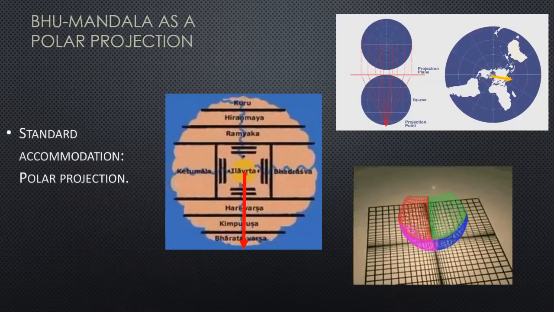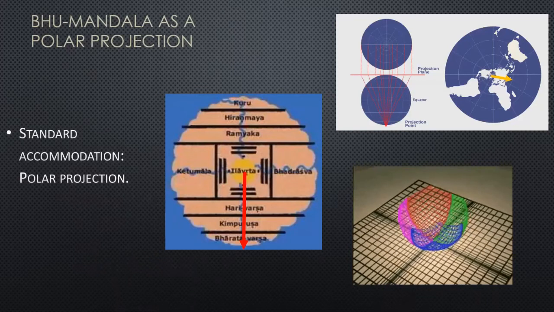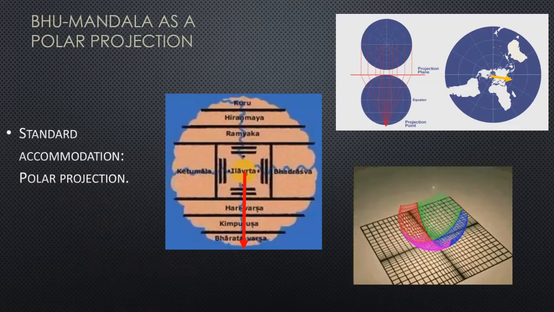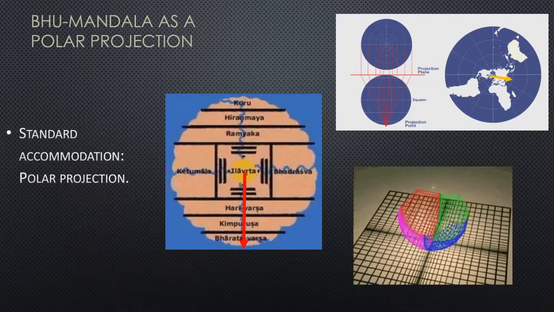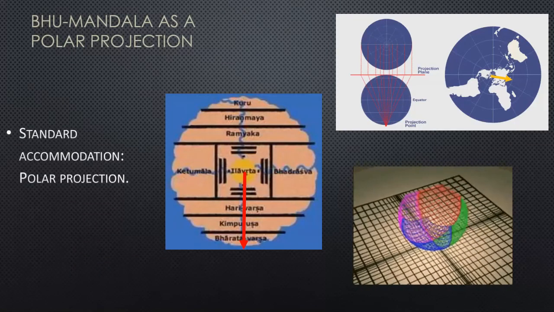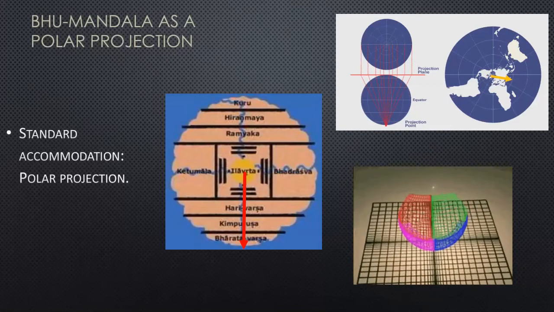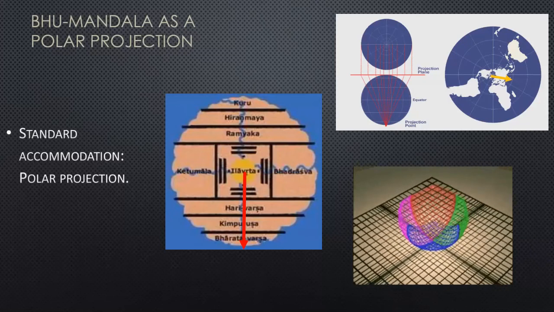So remembering what we saw last time, we were looking at Bhumandala and trying to figure out, what is this Bhumandala? Is it like a flat Earth? It can't be, it's too big, it's too different. So what we said is that we could look at it according to the standard accommodation, which is a polar projection, basically.